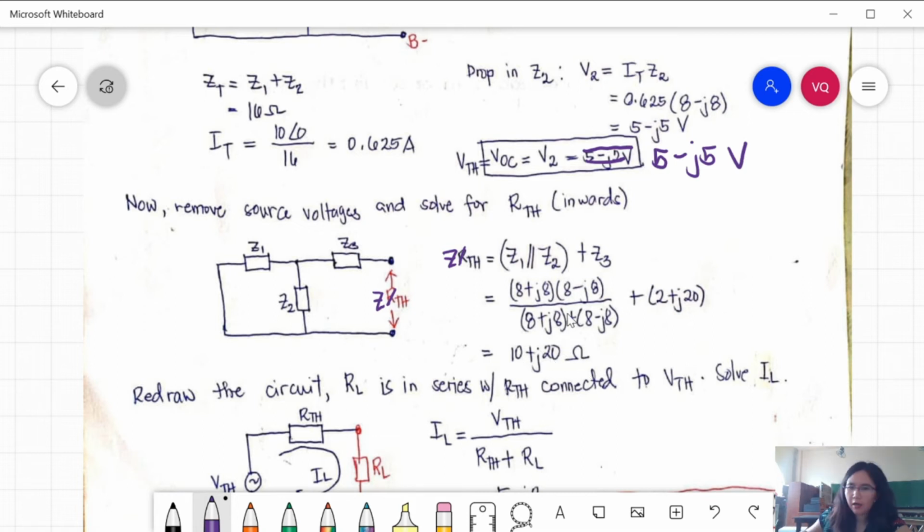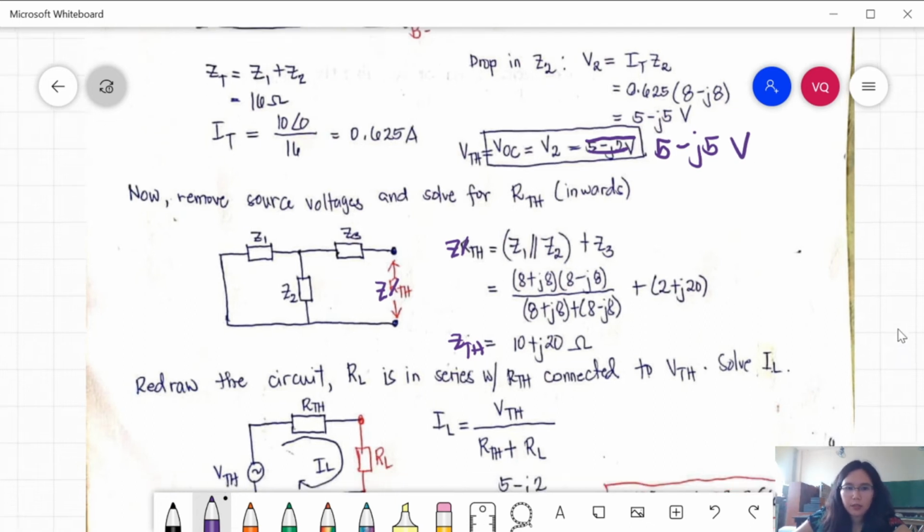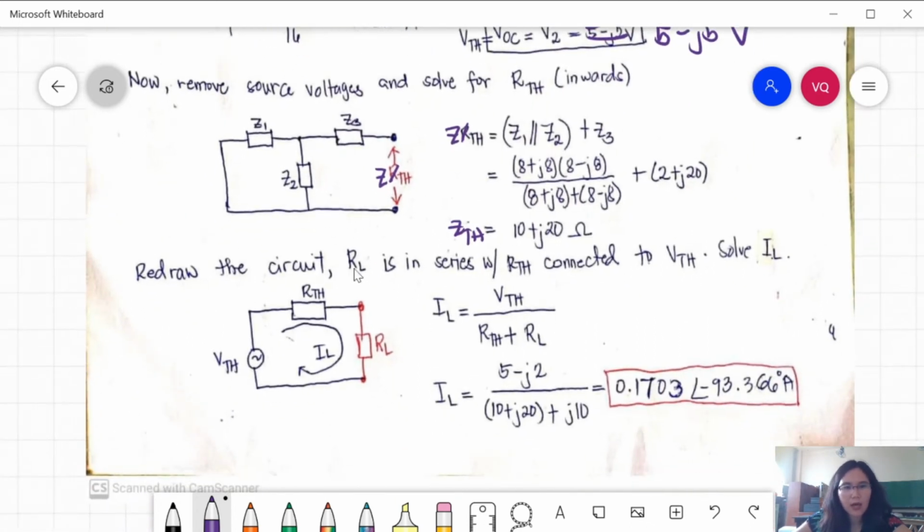Now, after solving ZTH and VTH, you are ready to solve IL. What you will do is redraw the circuit. ZL will be in series with the ZTH connected to VTH.